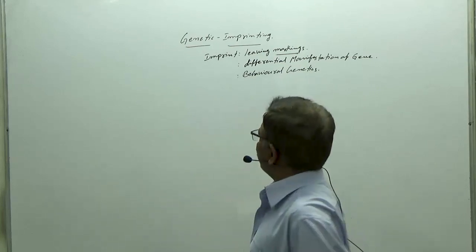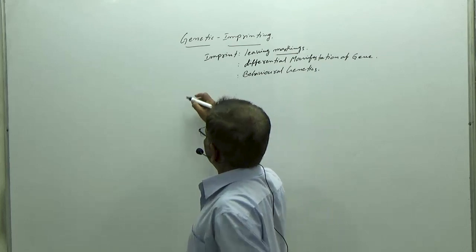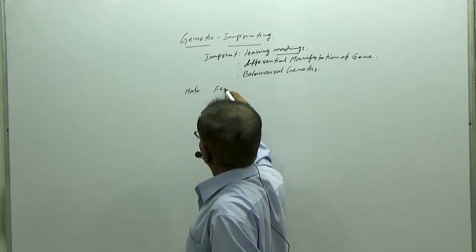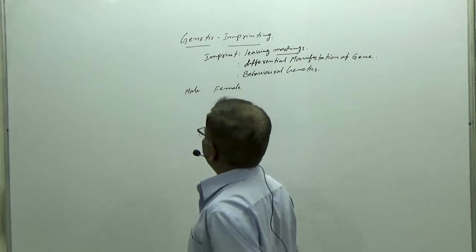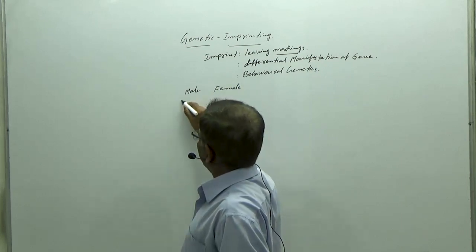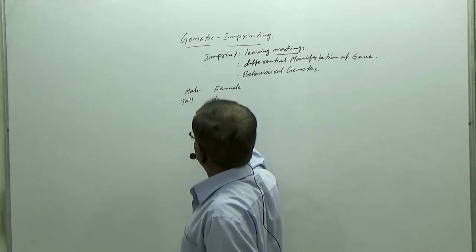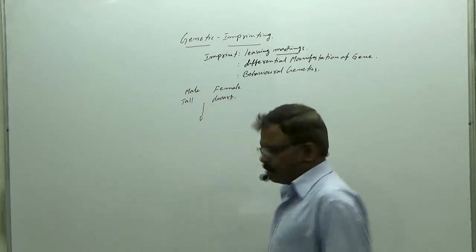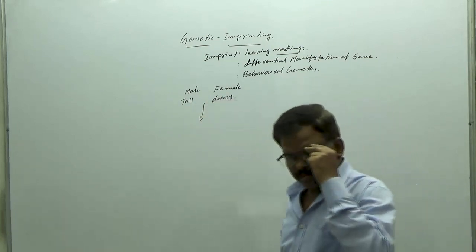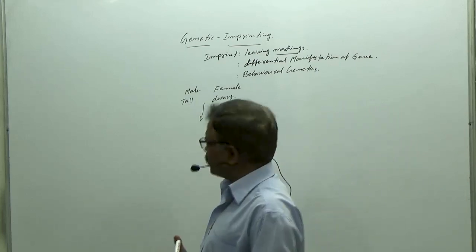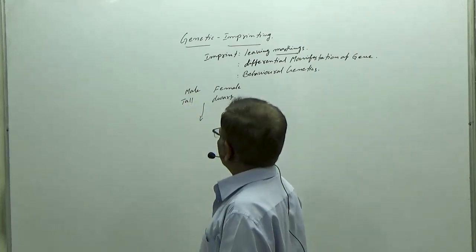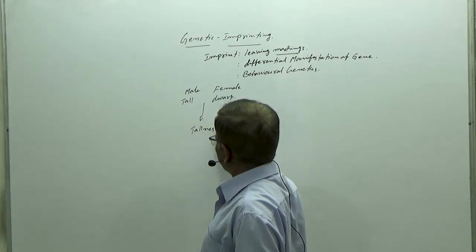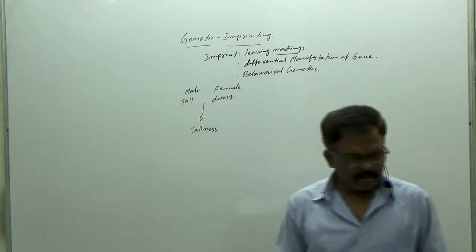See, if we receive from male, female, that means father, mother. Father is tall, mother is dwarf. What about the offsprings? If tall is the dominant, definitely all children will get tallness. Is it?